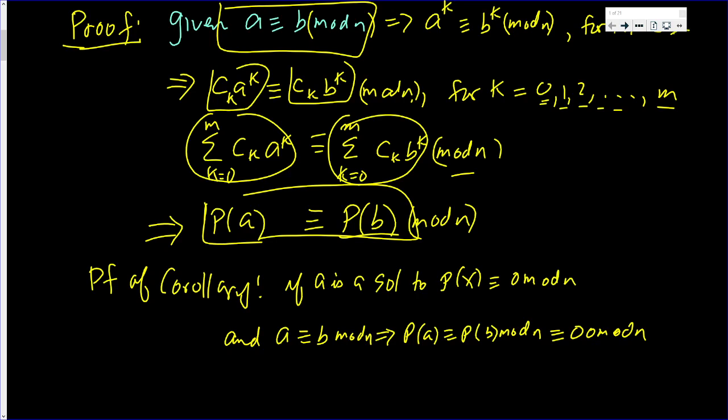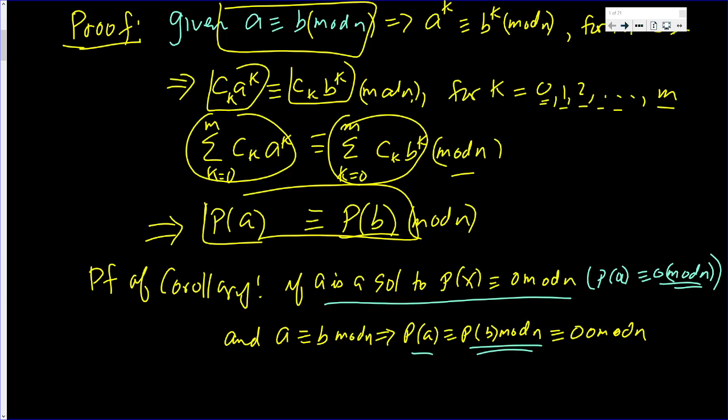This is saying that p of a is congruent to 0 mod n, and p of b is also 0 mod n.